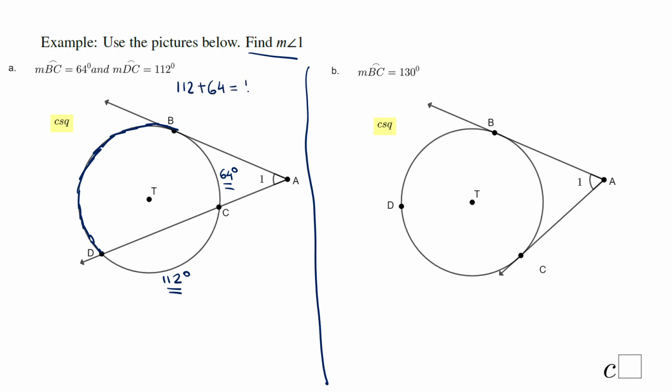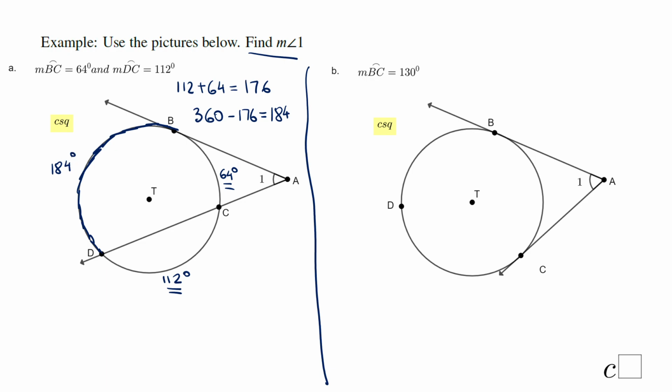And that will be 176. And subtract this 176 from 360. How much is the measure of the whole circle? 360 degrees if you go around. So 360 minus 176 is 184. That is the measure of this intercepted arc BD.